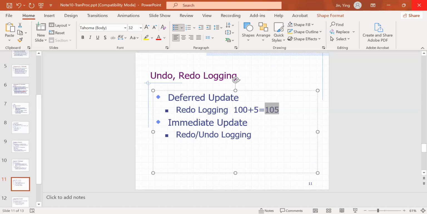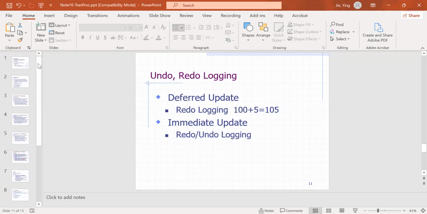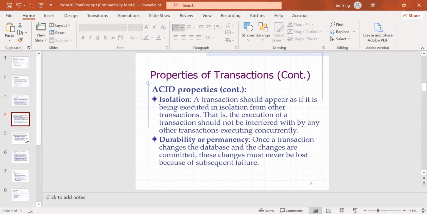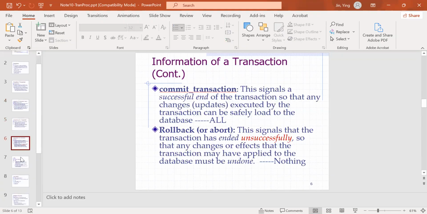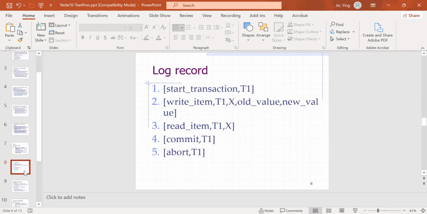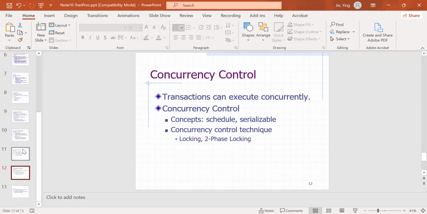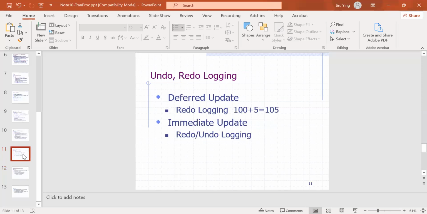Instead, we take the new value, 105. And for undo, we take the old value. So we don't use 105 minus 5. Instead, we take the old value. That's also the reason you see the log we have here: some of the logging protocols keep both old and new values to make this possible.